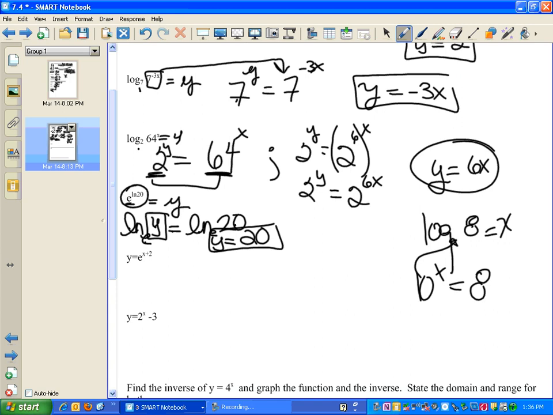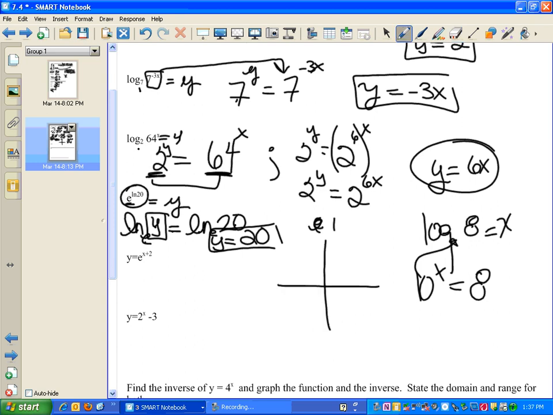So, we know that exponentials are graphed like this, right? LNs are graphed like that. They don't have a y asymptote, they'll have an x asymptote. And it'll never cross an x asymptote.